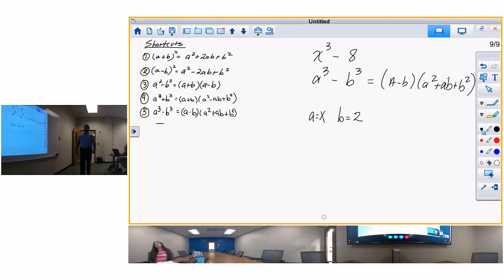That's wrong. So you have to know your perfect cubes and your perfect roots. If you don't, you'll pretty much suck at this. So that's going to be x minus 2 times x squared plus 2x plus what?